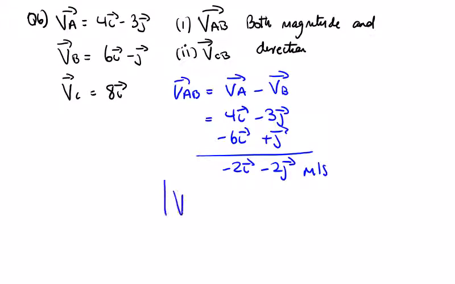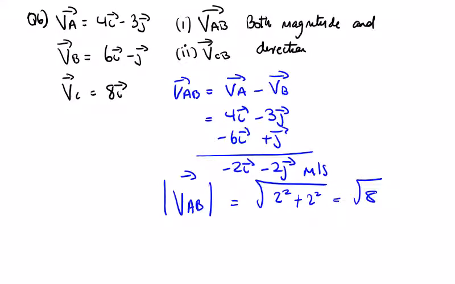The magnitude of this is equal to the square root of 2 squared plus 2 squared, which is equal to root 8, or you could write it as 2 root 2 if you wanted.